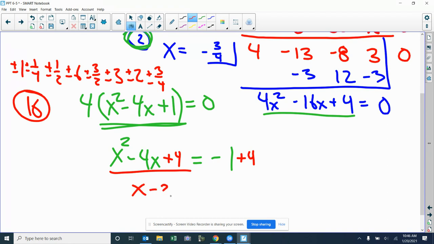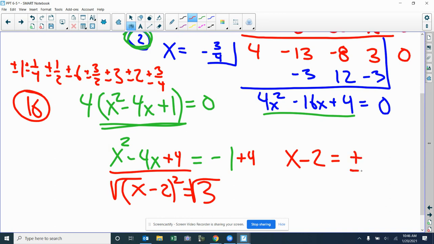Always that sign. Always half the middle. What am I equal to over there? Great. Take the square root of both sides. I'm down to x minus 2 equals plus and minus square root of 3.